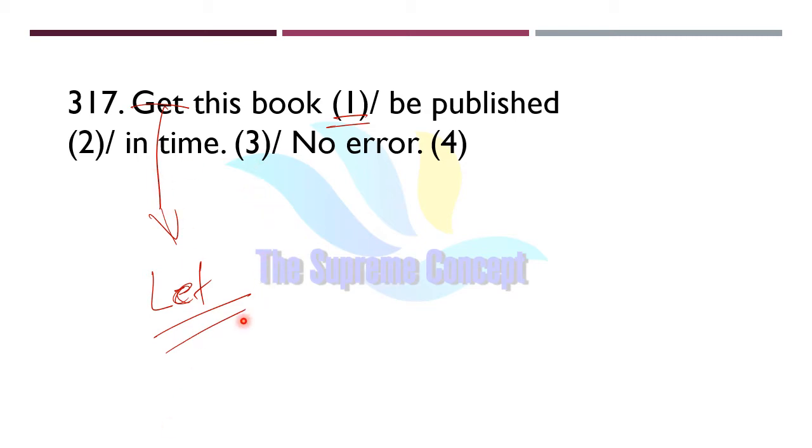Because let is basically used for giving instructions. We can say let me do this or let me do that for you. Especially we use let when we give some instructions. So here let is the most appropriate, and we cannot use get here.